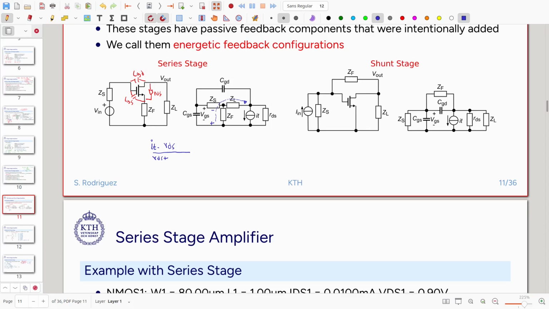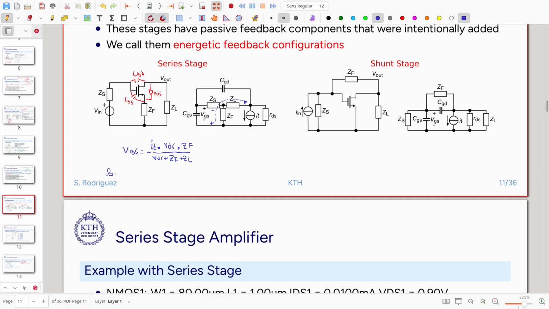the series of these two impedances there. So this is an open circuit, this capacitor is open, so there is no current flowing through ZS, at least at low frequency. So that will be ZF plus ZL. I will have that current flowing there, and then the voltage is just multiplied by ZF, and that will make VGS equal, and then there will be a minus because the signs are opposite to VGS.